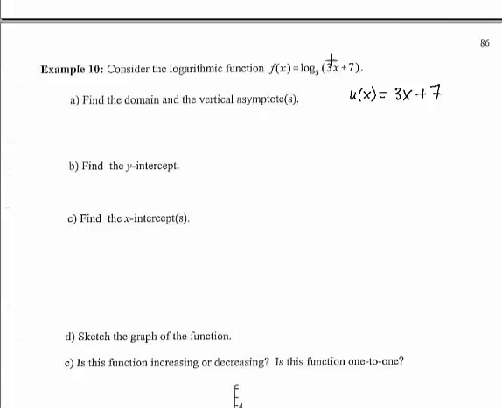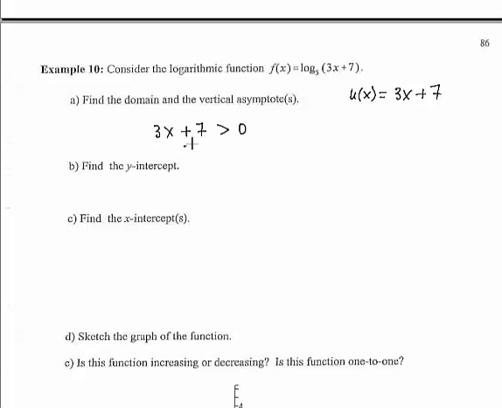Okay, well, for a log function, what we do not want is for the argument to be less than 0. So what numbers make this expression greater than 0?